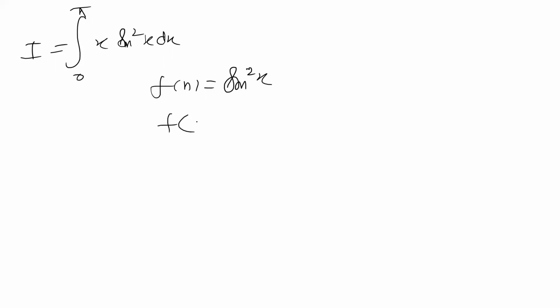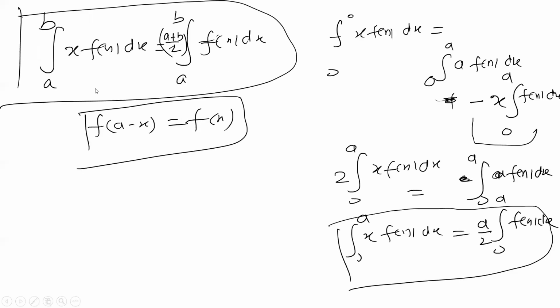My question is the integral from 0 to pi of x sin square x dx, say I. So here the function is x sin square x. Here a is 0, b is pi. So a plus b. Here we have to add the lower and upper limit, minus x.